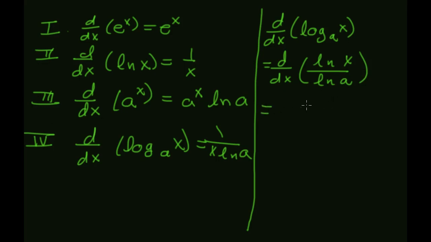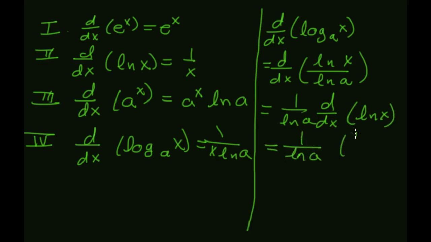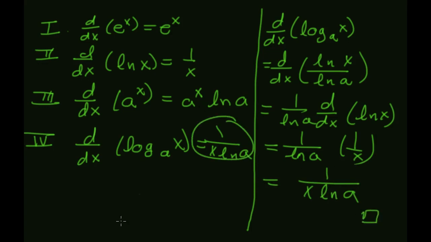Natural log of a here is a constant, so that can come out in front, which leaves the derivative with respect to x of the natural log of x, which we know is 1 over x. So this combines to give me 1 over x times the natural log of a, which is what we just said it was.